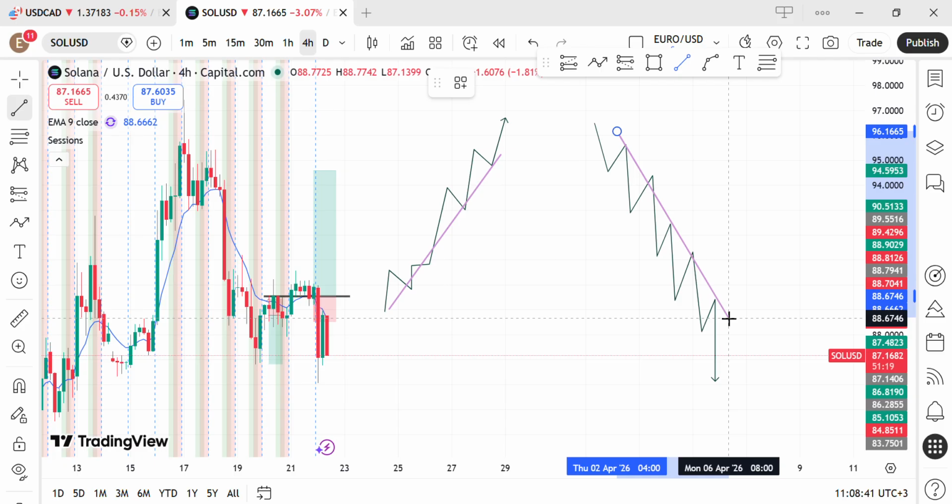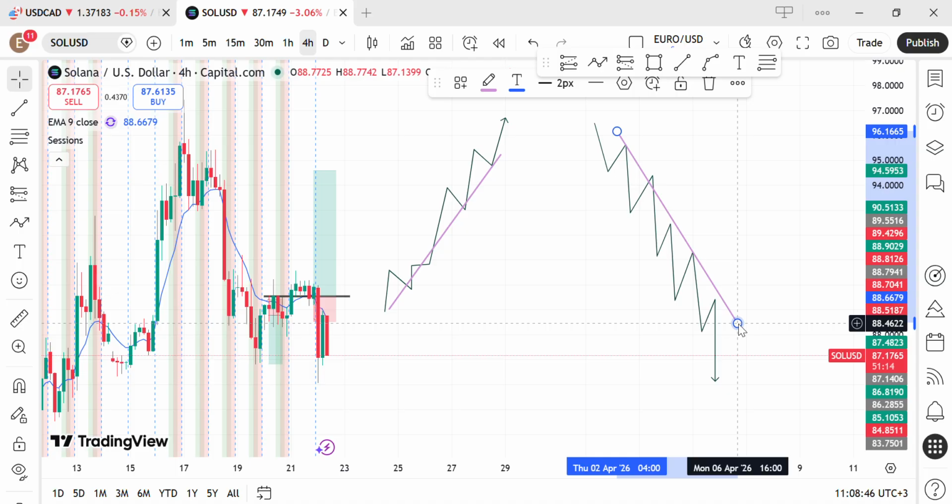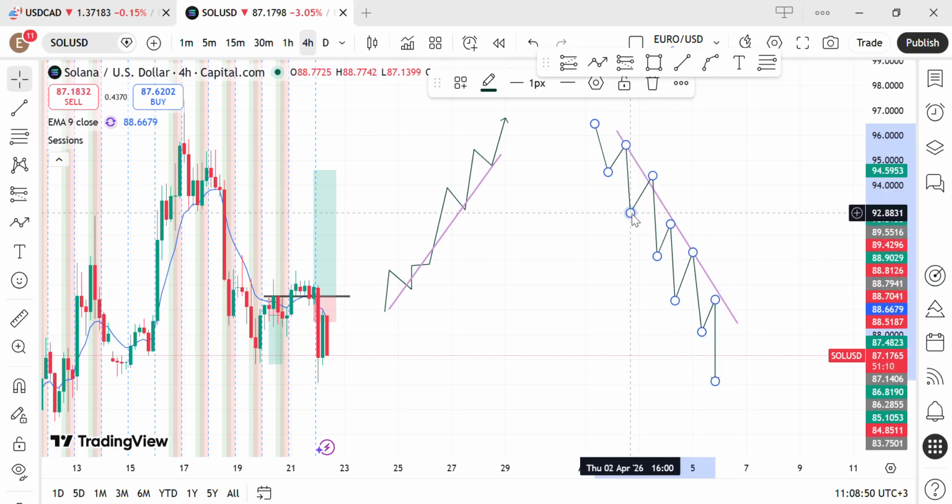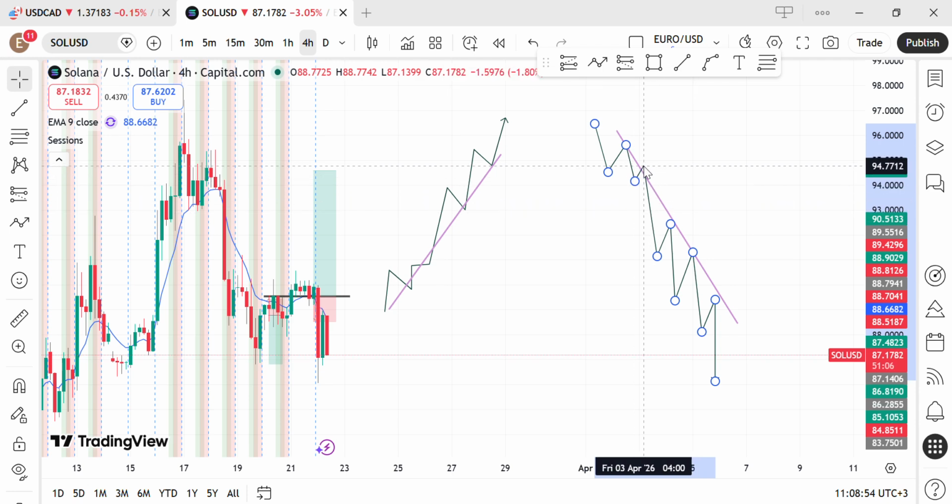As long as they are not being broken, you're okay, because these lower highs may come here. Then this may be here, maybe up here, you see, anywhere in between.